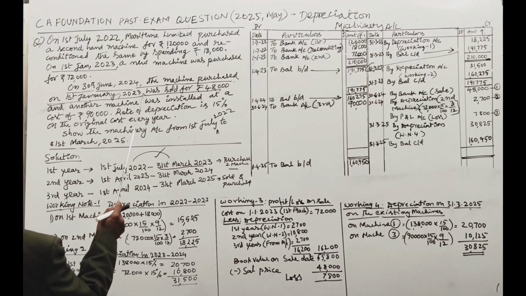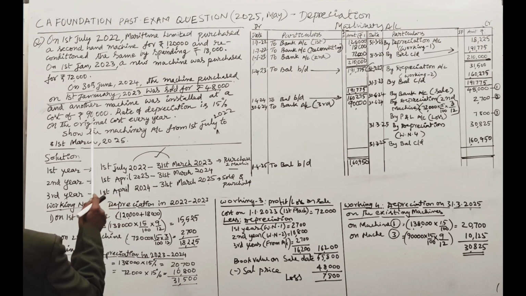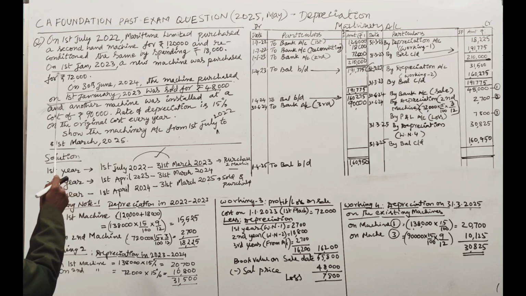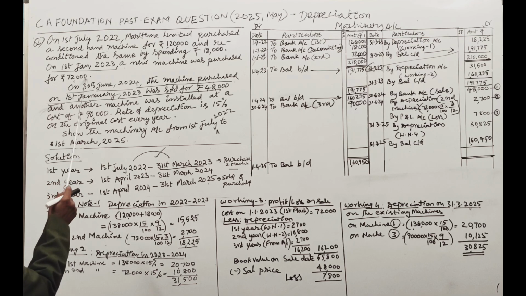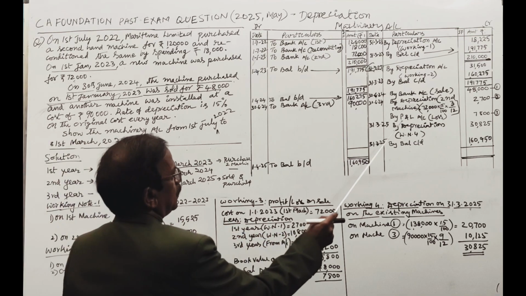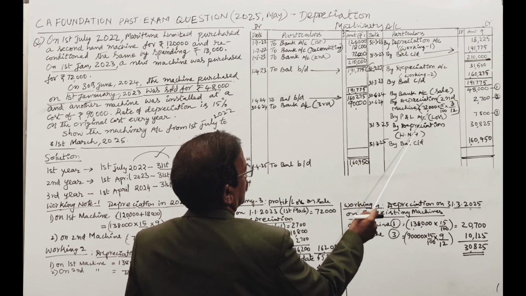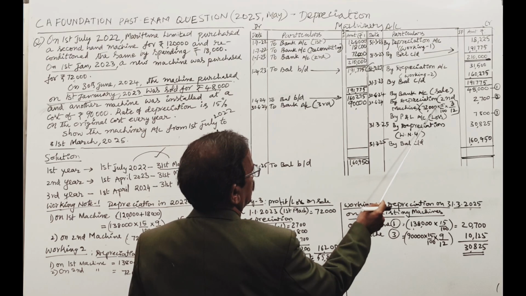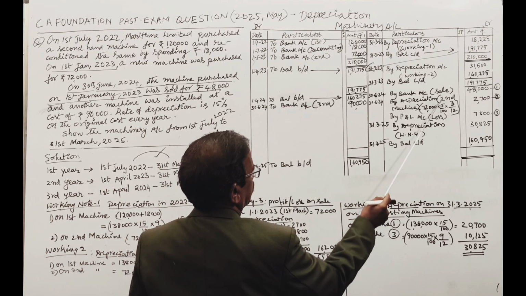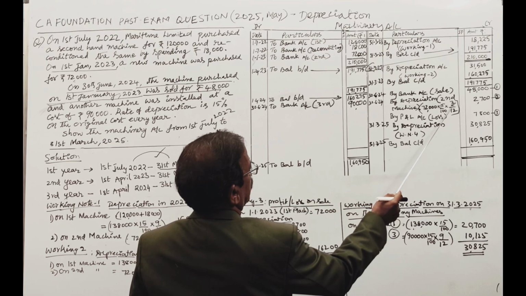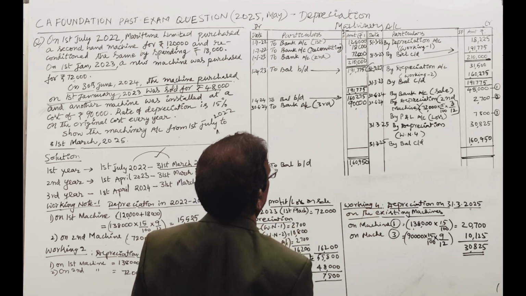What is the cost of the machine which was purchased on this date? 72,000. This 72,000 you have to take in the particulars column, so that the calculation will be easy. 72,000 into 15 by 100, and into 3 by 12.